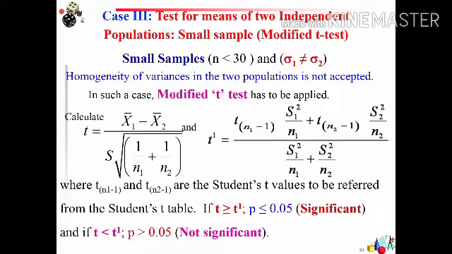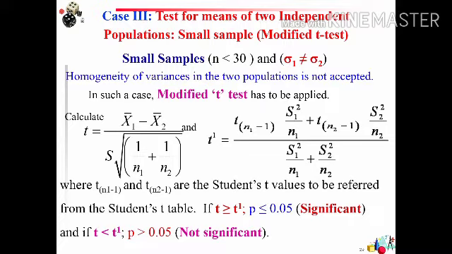The equation for the modified t-test is t dash equal to t(n1 minus 1) s1 squared by n1 plus t(n2 minus 1) s2 squared by n2, divided by s1 squared by n1 plus s2 squared by n2, where t(n1 minus 1) and t(n2 minus 1) are the student's t values to be referred from the student's table.